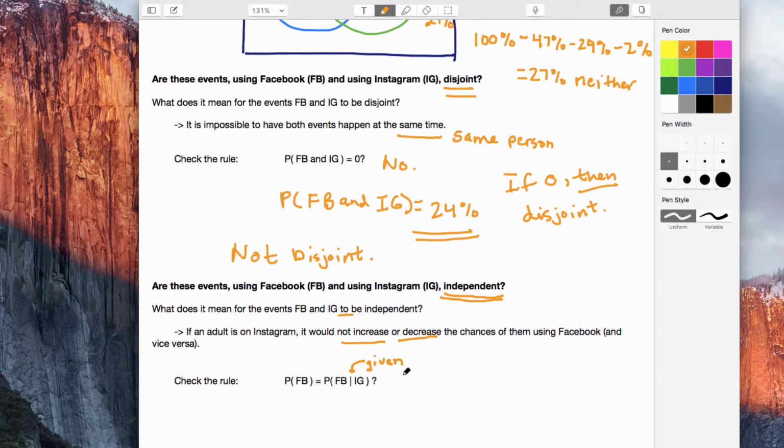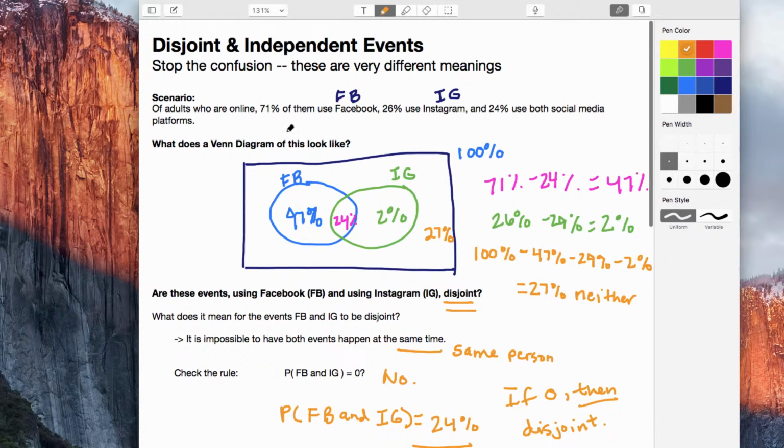So if your friend is already on Instagram, does that increase the chances that they're also on Facebook? Or is it pretty much straight across the board, doesn't change a thing? So we pose this question, and now we find the two probabilities on either side and check if they're equal. So I'm going to leave this question mark right here. What's the probability that someone's on Facebook? We go back up to the top, 71%.